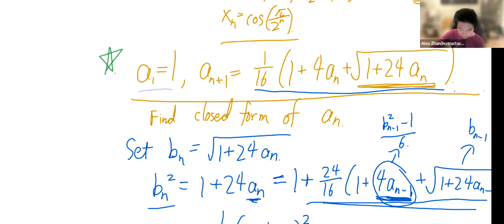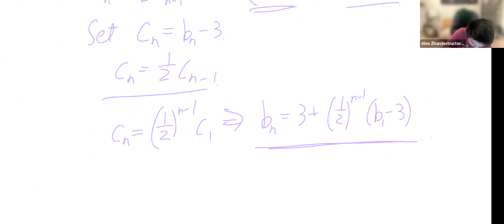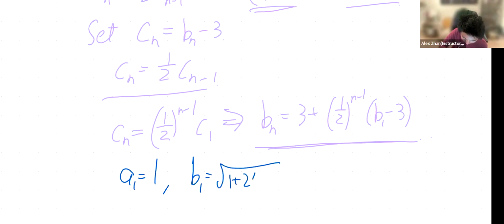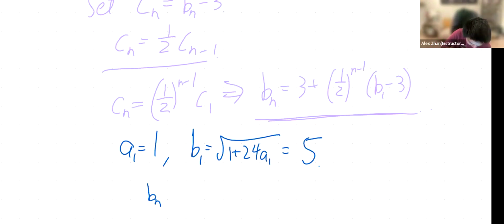Originally, we had a_1 is equal to 1, right? Because we had a_1 equals 1, we can quickly solve it. b_1 was the square root of 1 plus 24 a_1, which equals 5. Okay, so thus we would have the recursive relationship b_n is equal to 3 plus (1/2) to the n minus 1 times (b_1 minus 3), which is just 2.